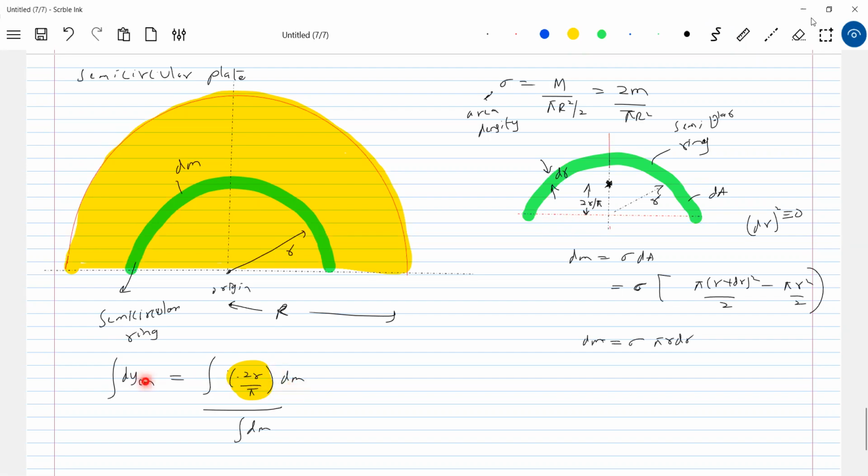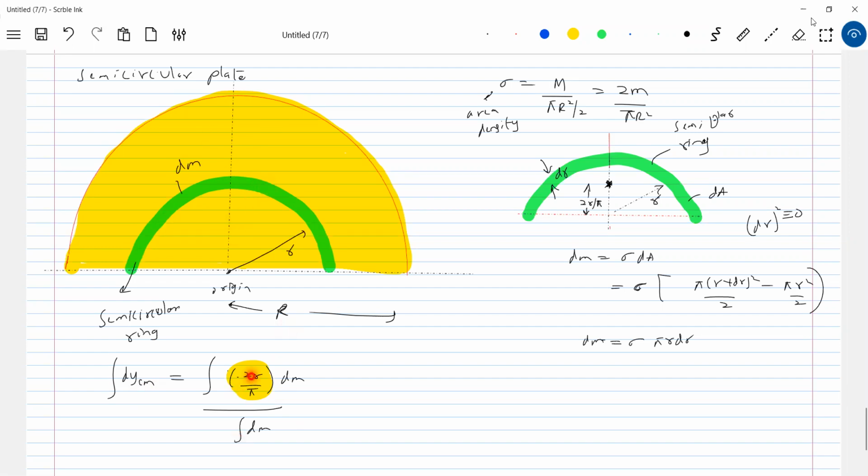So what are we calculating? We are calculating the total center of mass of the semicircular plate. If I take the moments, m1 r1 plus m2 r2 of the several semicircular rings, I'll get the total center of mass.